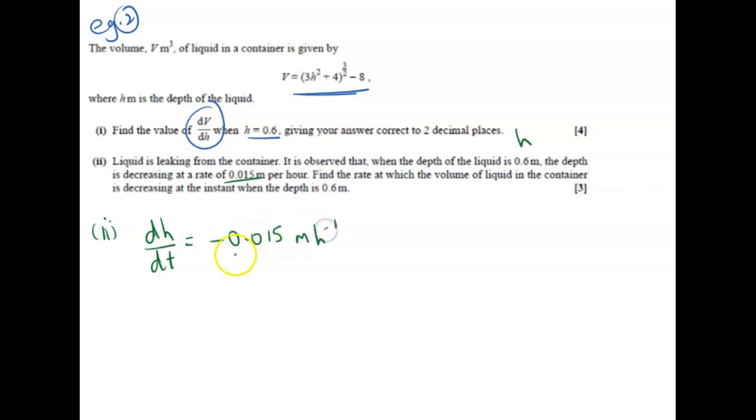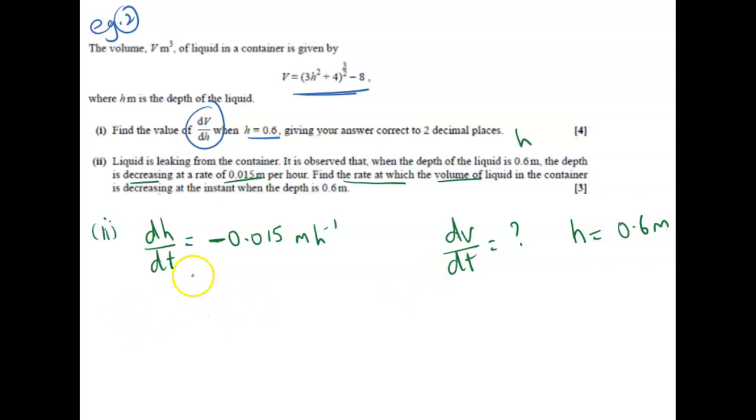I put the minus in because it is decreasing. We need to find the rate at which the volume of the liquid is decreasing when the depth is 0.6 meters, so what we're asked for is dV/dt.